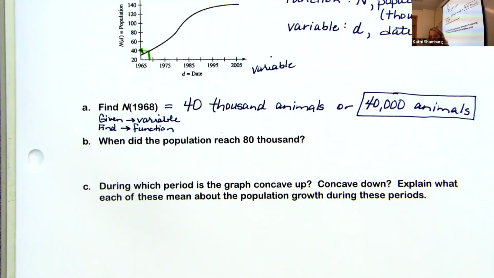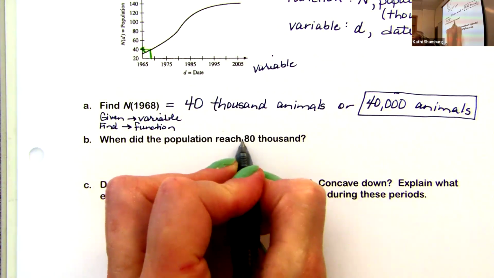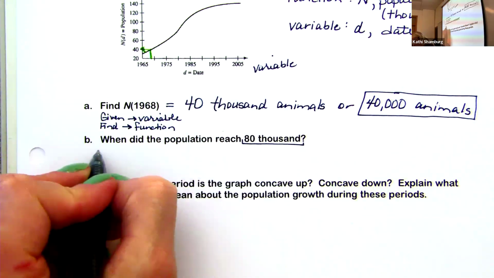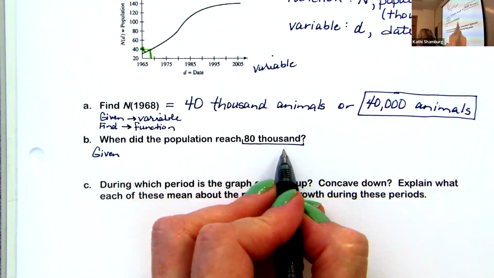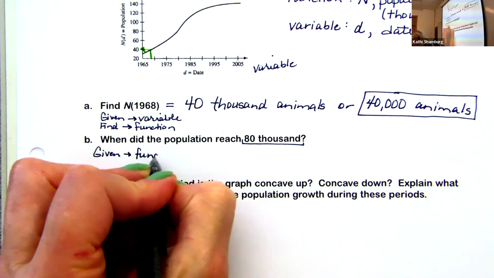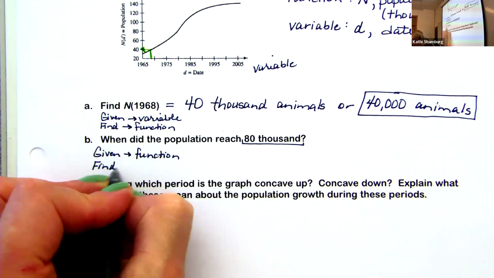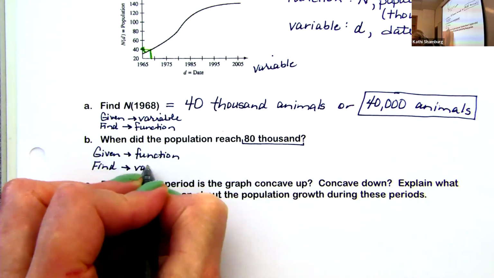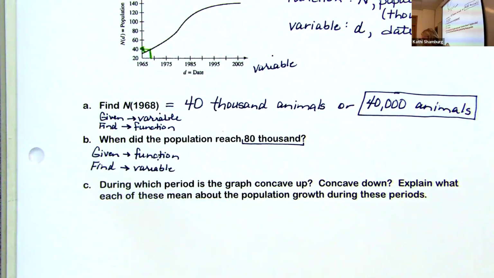All right, when did the population reach 80,000? Okay, so what was given on this one? When we're talking about thousands, that's a population. So this time we are given the function, and they are asking us to find the variable, which is the date. 80,000, that's what I'm looking for.